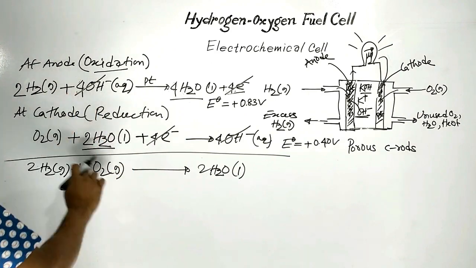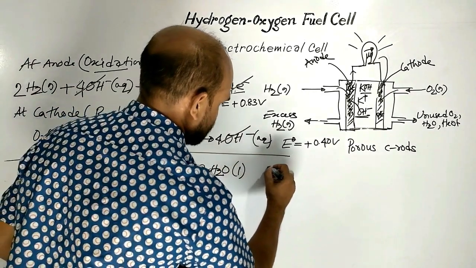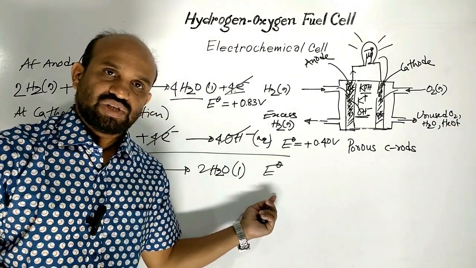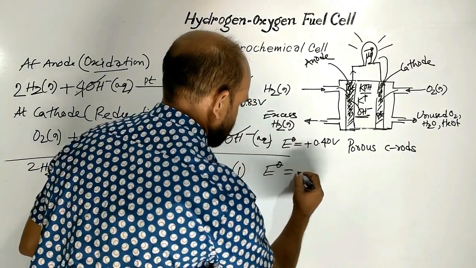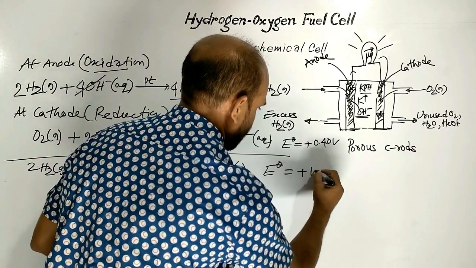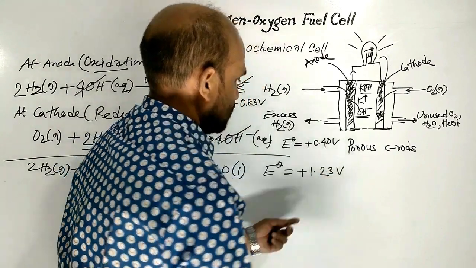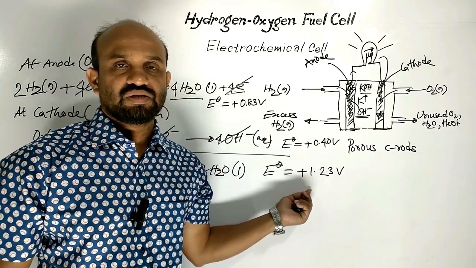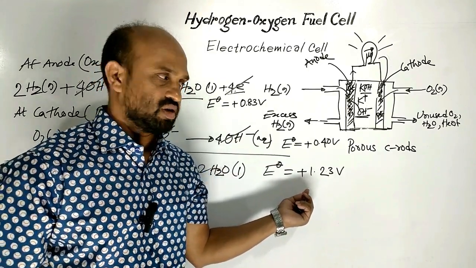When these two reactions are added, then we get potential of this cell is plus 1.23 volt. Potential of this hydrogen oxygen fuel cell is 1.23 volt.